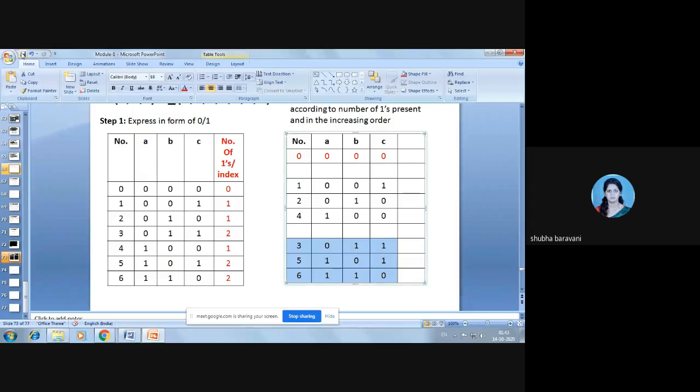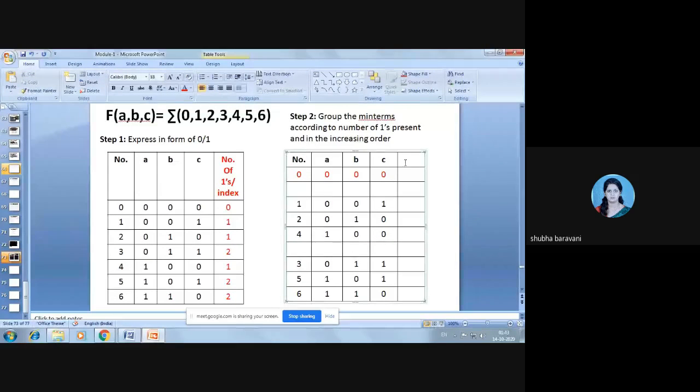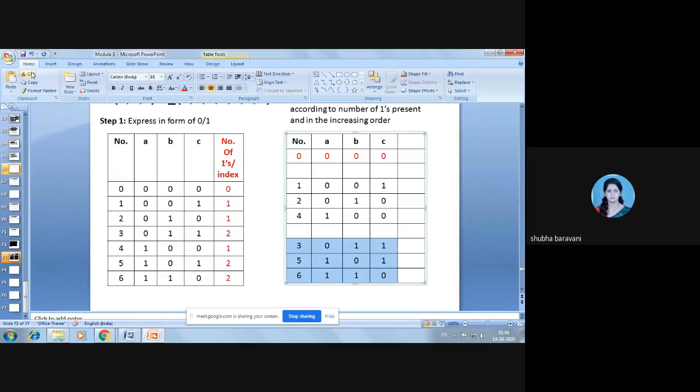Is this step clear? Yes, ma'am. See what I have written: group the min terms according to the number of ones present. So this is one group, this is the second group, this is the third group, in increasing order: 1, 2, 4, 3, 5, 6.